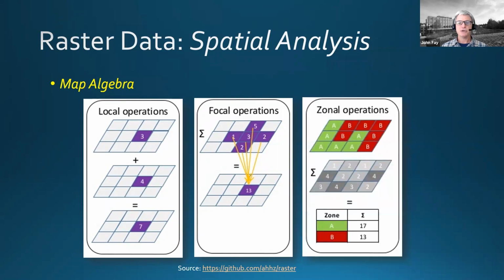And we also have these zonal operations where we have 2 data sets. So this could be a discrete data set. This could be a raster where each pixel is assigned a value based on which county it belongs to. Let me get my laser pointer here. We have county A and county B. And now we have another data set here.